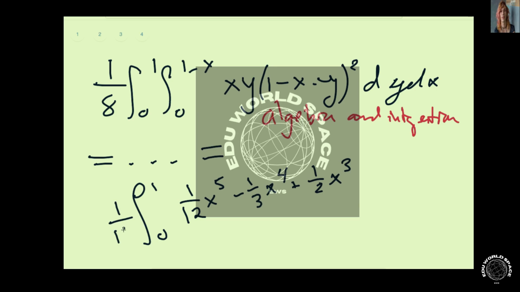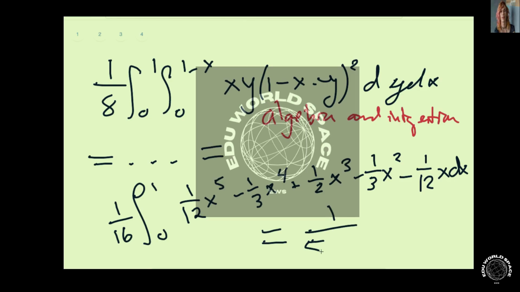We've got a 1 over 16 out here, minus 1/3 x squared minus 1/12 x dx. Okay, and once you do this integration, you will get 1/5760 as our final answer.